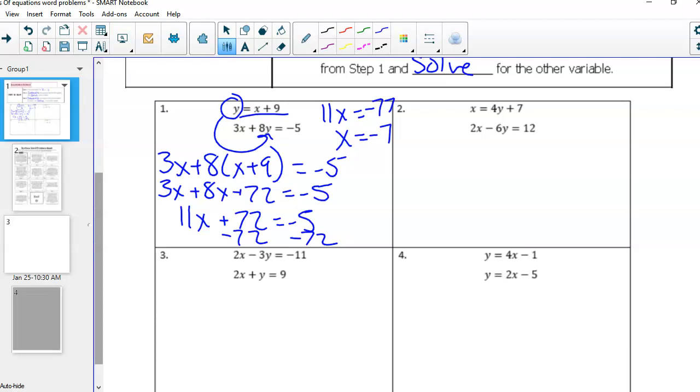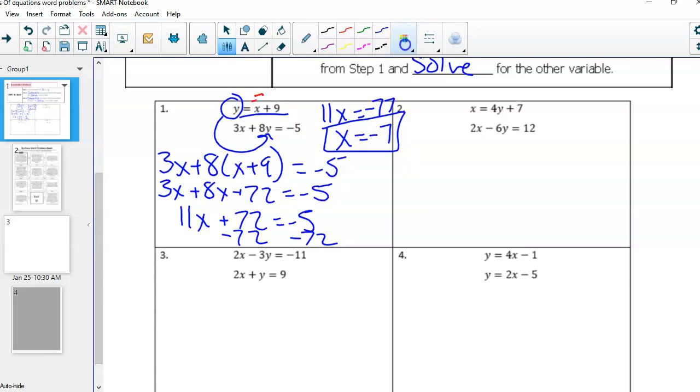So now that we have x equals negative 7, you can do one of two things. You can either put it back into the equation where y was set equal to itself, or you could put it back in here and solve for y. Either one, you're going to get the same thing either way. I'm going to go ahead and put it in here.